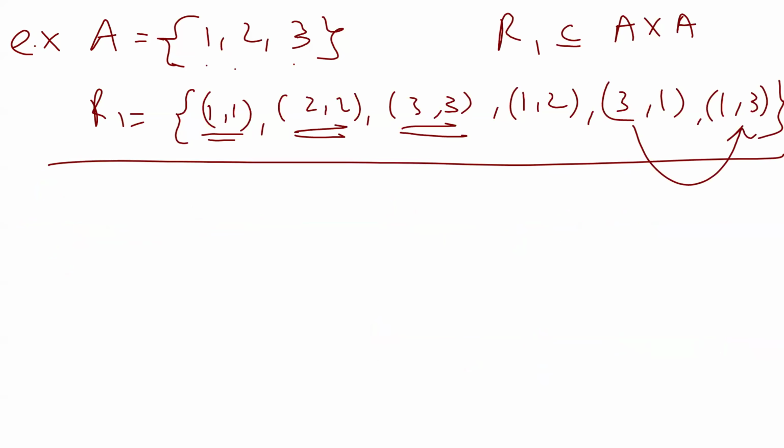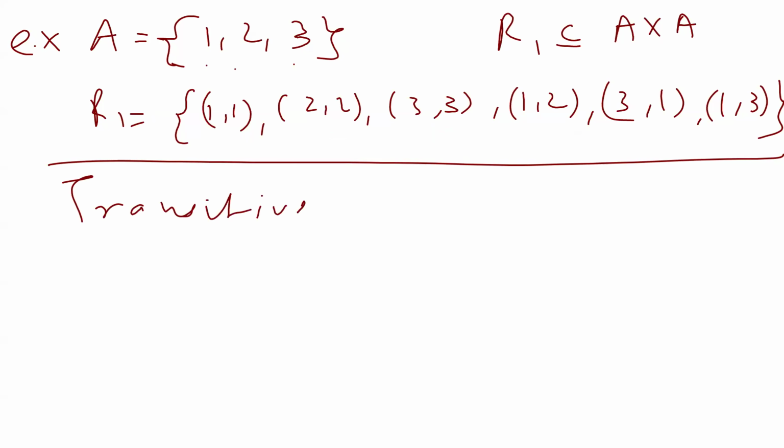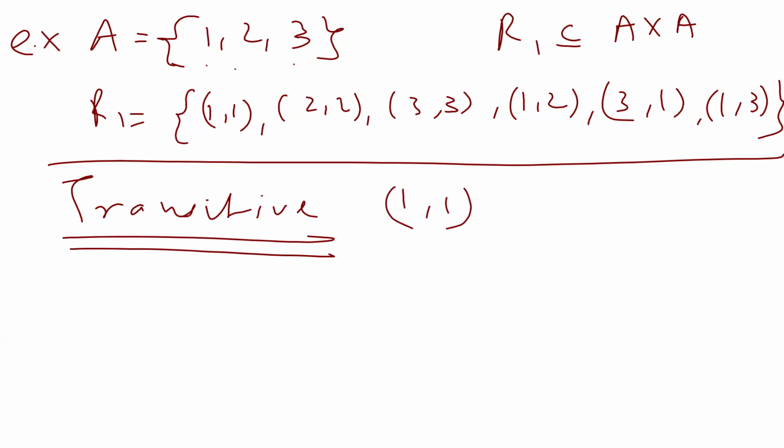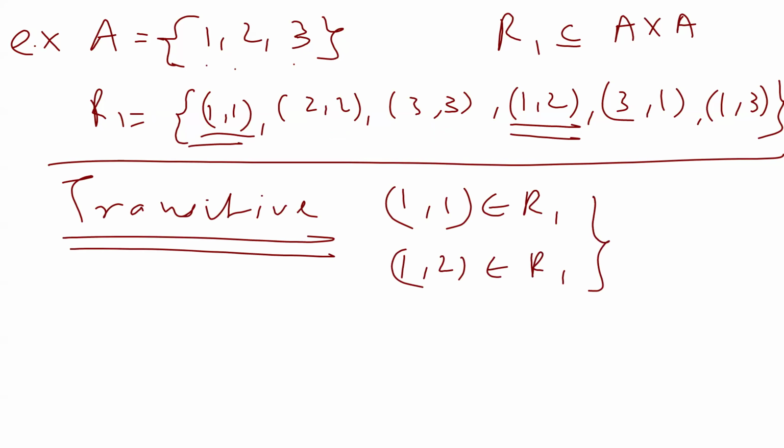Now let us check transitivity, the third one. Let us make these pairs. (1,1) belongs to R1. Create a link from 1. The next link from 1 is (1,2). This belongs to R1. This implies what? (1,2) should also belong to R1. Is this true?